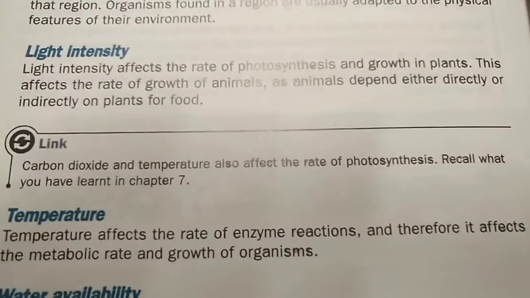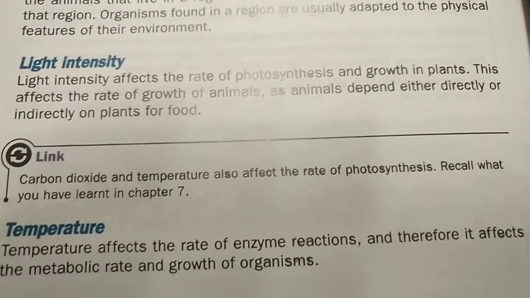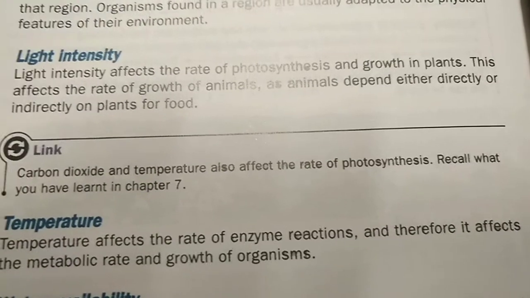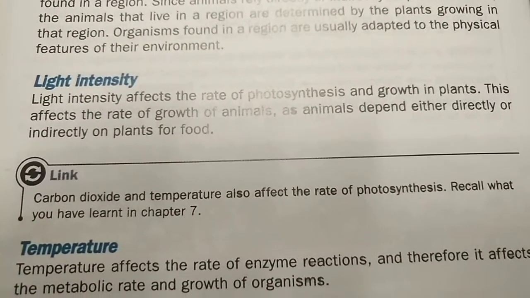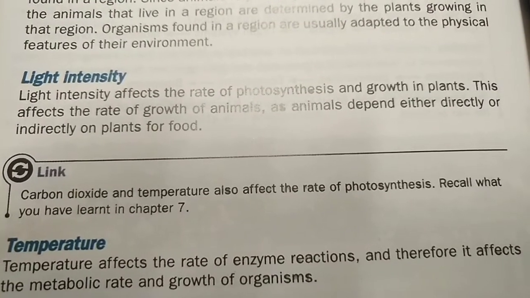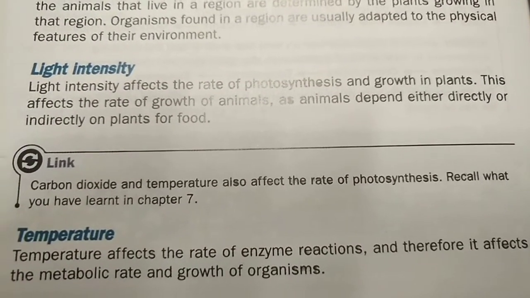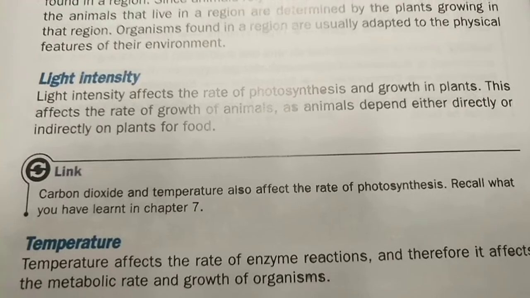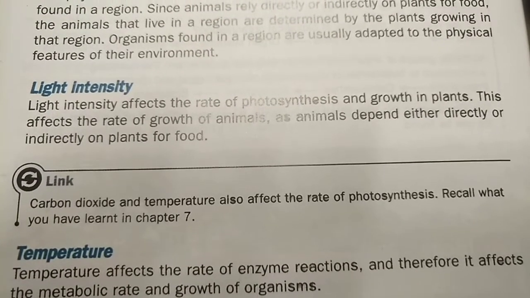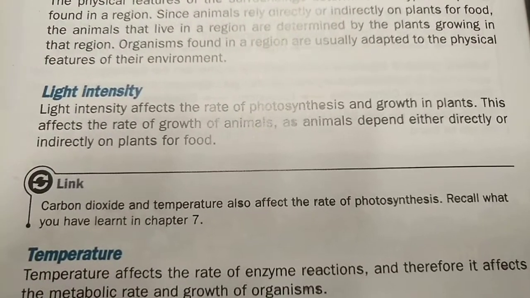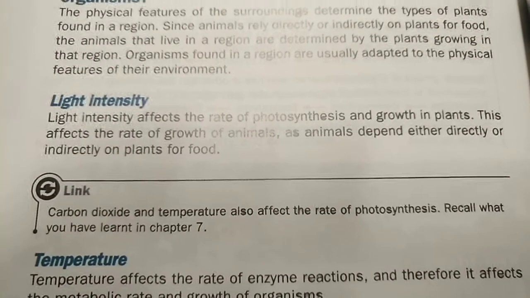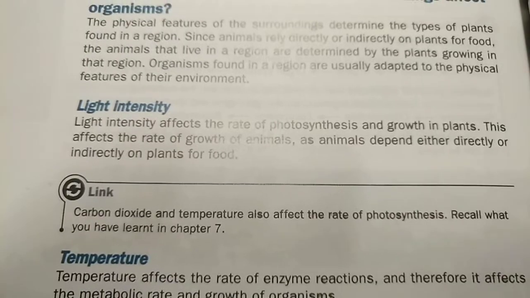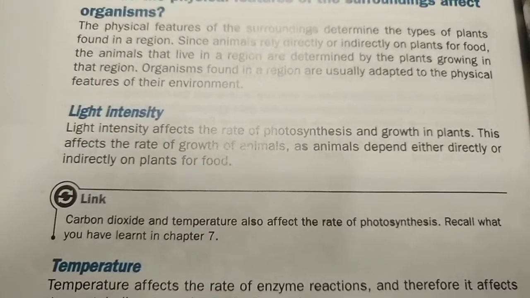Temperature affects the rate of enzyme reactions, and therefore it affects the metabolic rate and growth of the organisms. Whatever is happening inside the organism's body, mostly the reactions are dependent upon the enzymes. And if you people remember your concept of the enzymes topic, we know that at the higher ranges of temperature, the enzymes can become deactivated, or even the enzymes can become denatured.